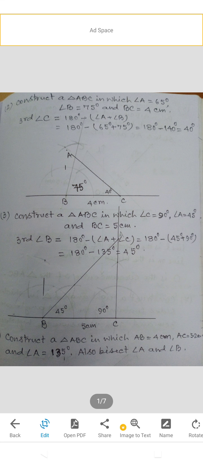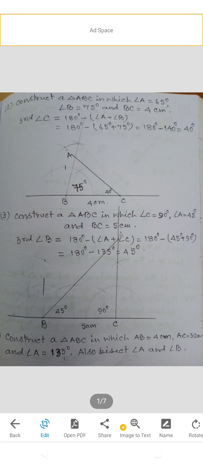Now question number 4. Construct a triangle ABC with AB equal to 4 centimeter, AC equal to 5.2 centimeter, and angle A equal to 135 degree.